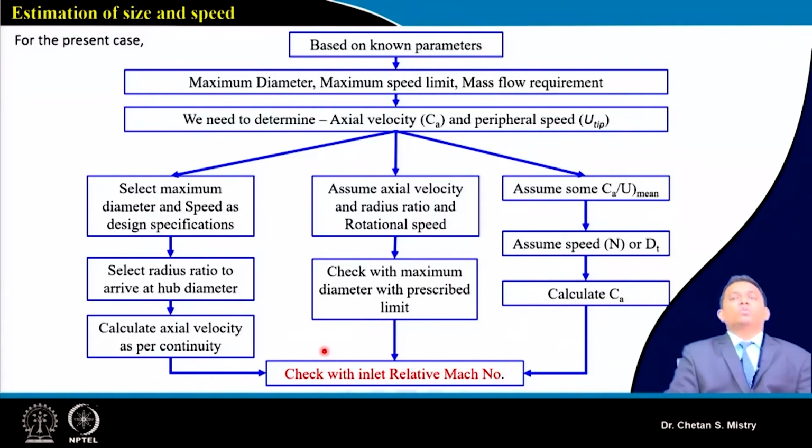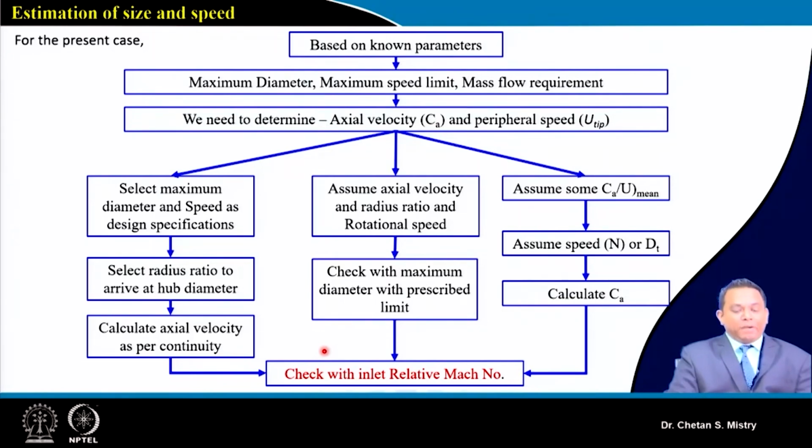So in order to start with this design, we have different approaches which are possible. Now here in this case, let's discuss one by one, out of which we will be selecting one approach. So what all are the possibilities?